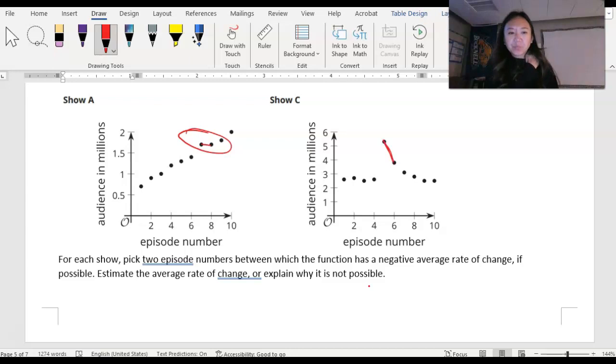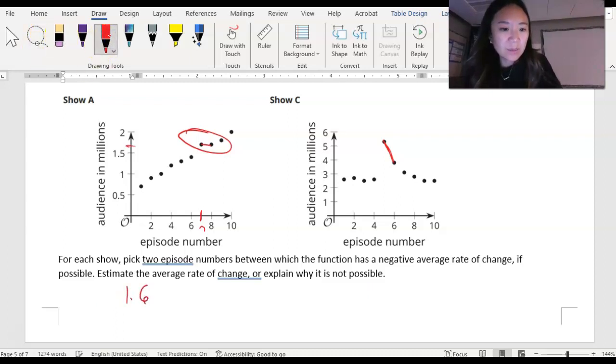So you're looking to see what is the average rate of change. And so we're looking at between the episodes. We're assuming this is episode 7 then, and episode 8. And it's kind of hard to tell exactly, but let's say this is like 1.7 and 1.6. So our later value is 1.6.